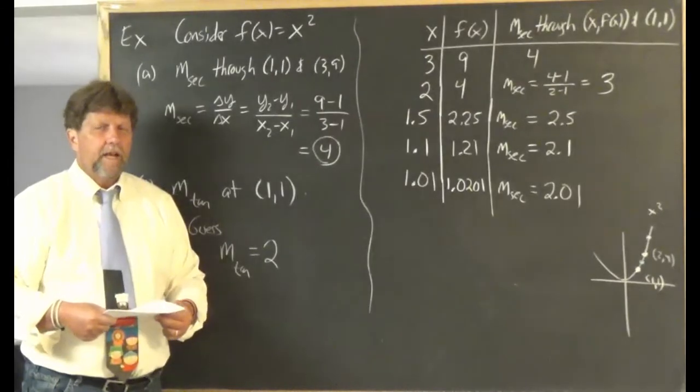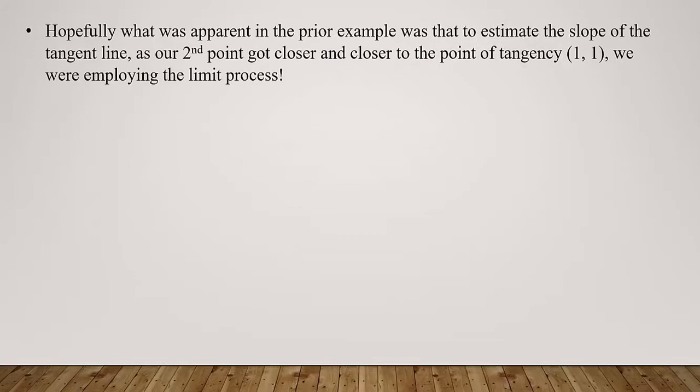Let's head back to the slides and see where this takes us. All right, folks. Hopefully what was apparent in the prior example was that to estimate the slope of the tangent line, we let our second point get closer and closer to the point of tangency 1, 1. By doing that, we were actually employing the limit process.